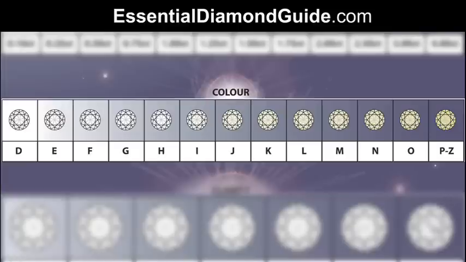It's a separate chart, so we'll discuss those in future sessions. So basically, to recap, your colour is graded from D down to Z. The lowest in colour I've actually seen is an M, but there are lower colours around. You'll find them on the internet.